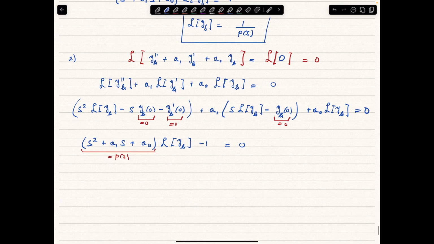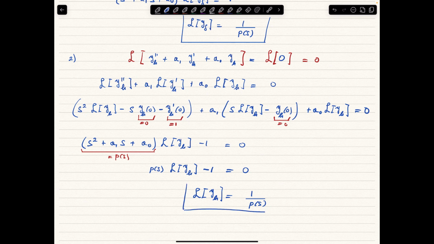So what we end up with is P of s, the characteristic polynomial, times the Laplace transform of the solution yh, minus 1 equal to 0. We move the 1 to the other side and divide by the characteristic polynomial, and this is the Laplace transform of yh.